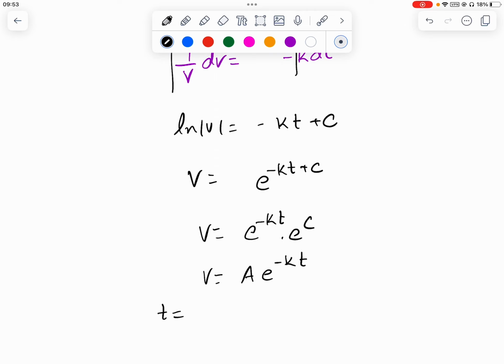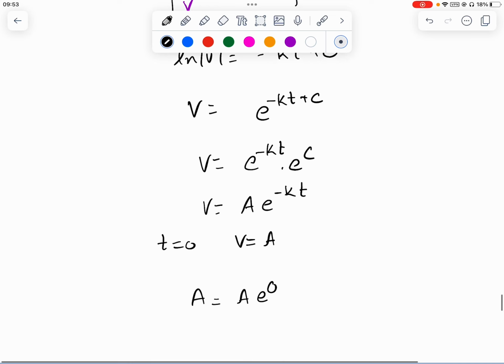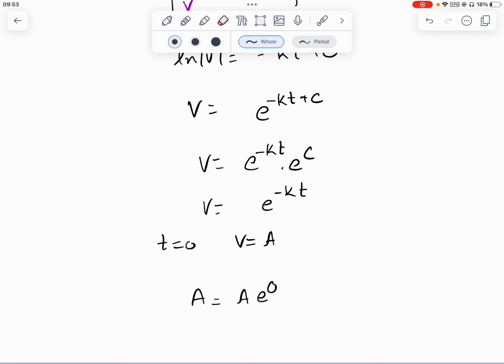He told that t equals to 0, V equals to a. So we can do that, a equals to a times e power 0. Instead of taking k as constant over here, e power c is some other constant.